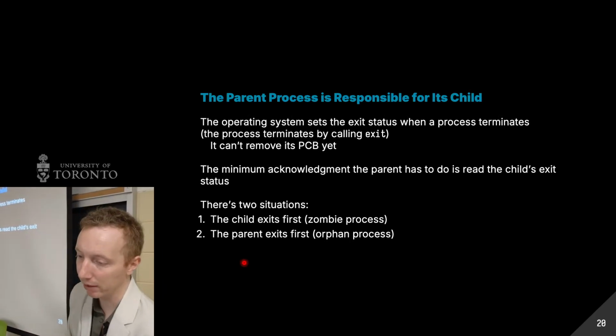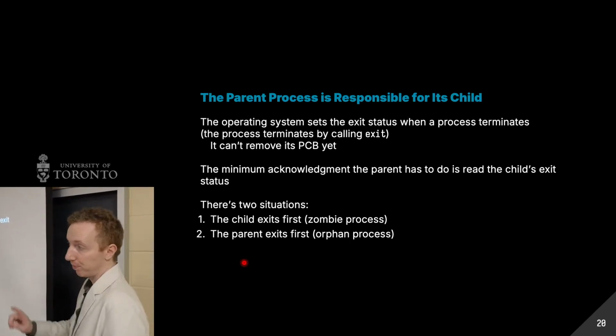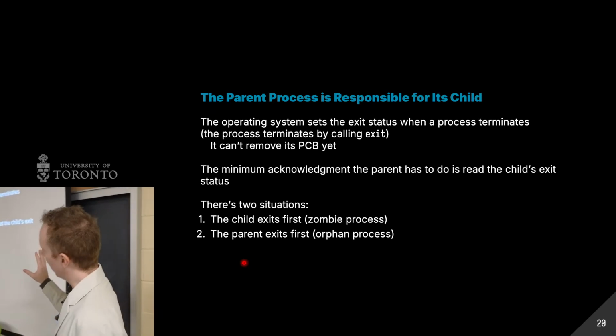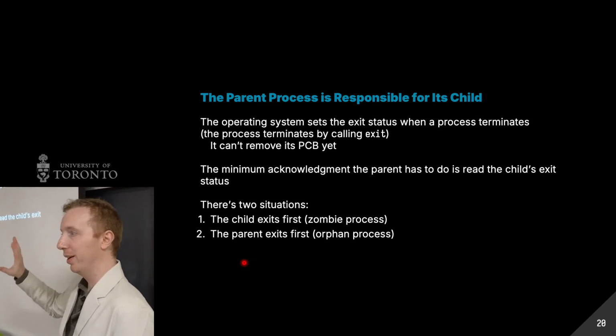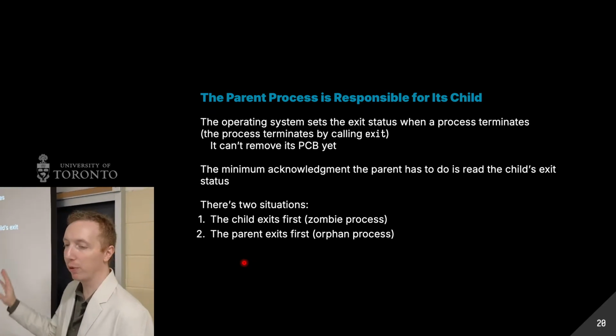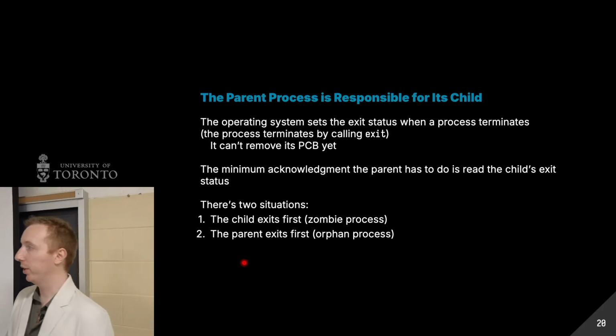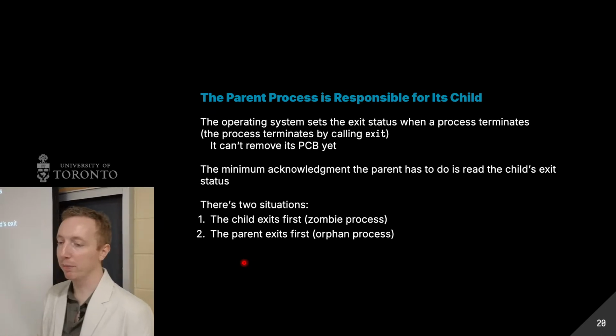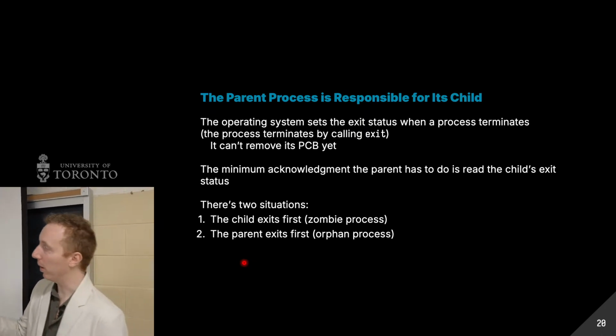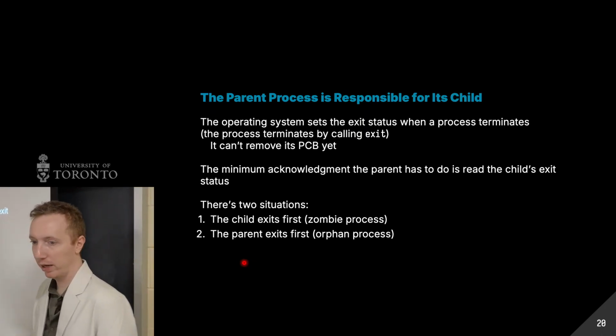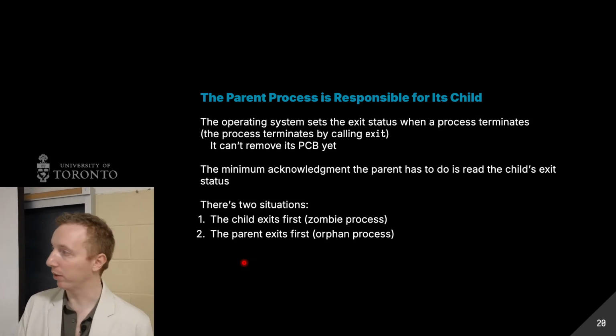The reason we have this is, like in real life, the parent is responsible for its child. So whenever you terminate a process, the system sets the exit status and records it in that process control block.